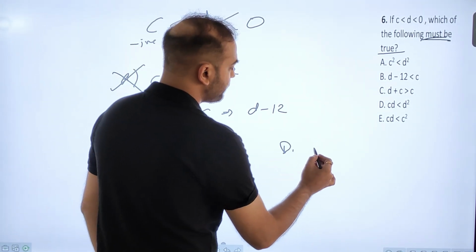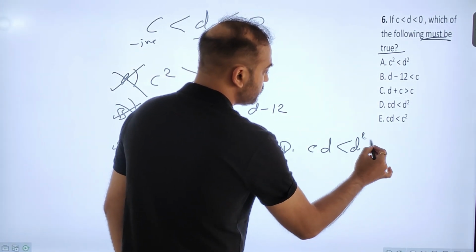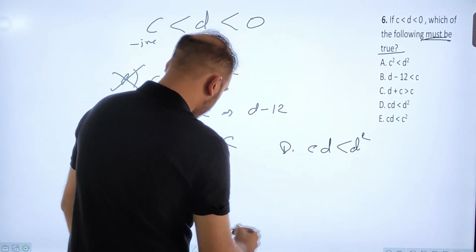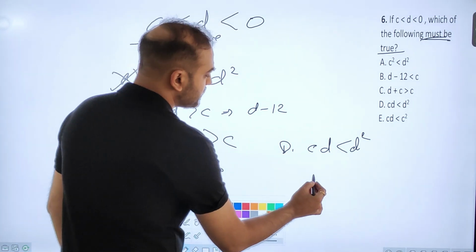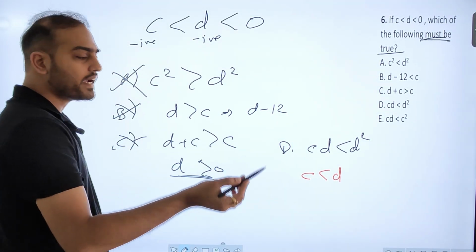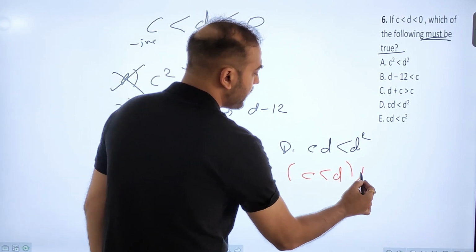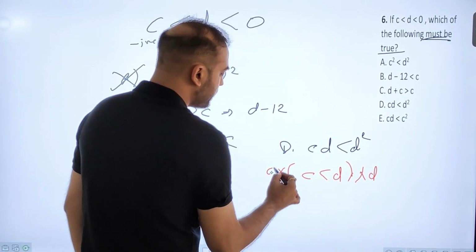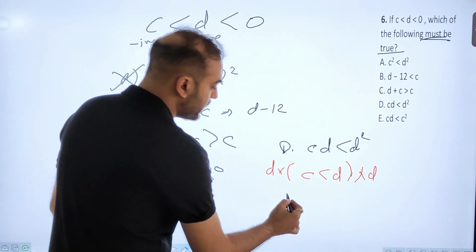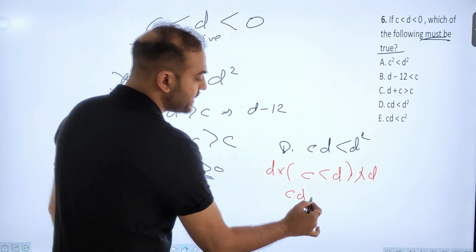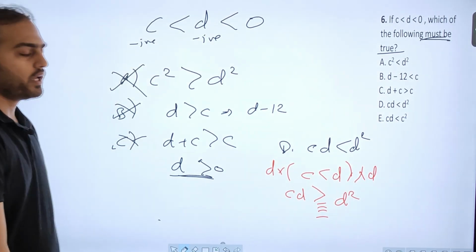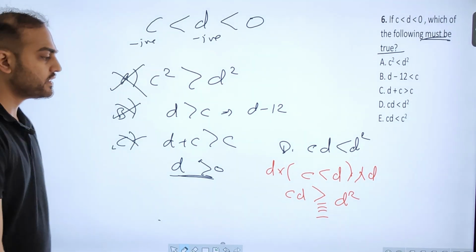Fourth option, CD is less than D square. Okay, let's look at it. So I know that C is less than D. If I multiply both sides by D, and I know D is a negative number, so I need to change the sign: CD will be greater than D square.